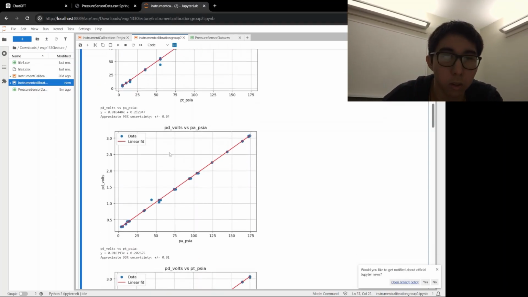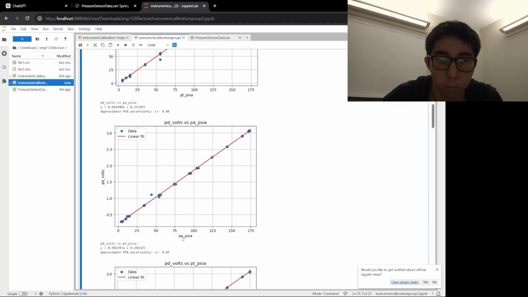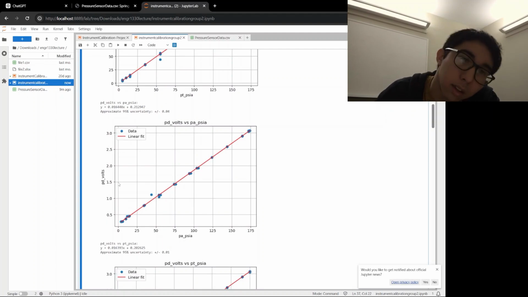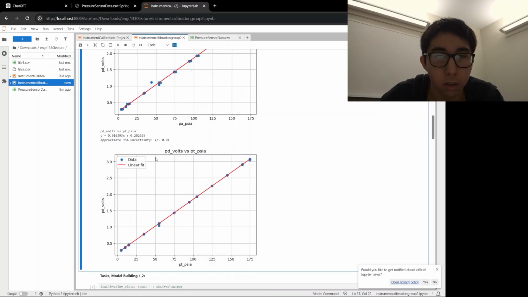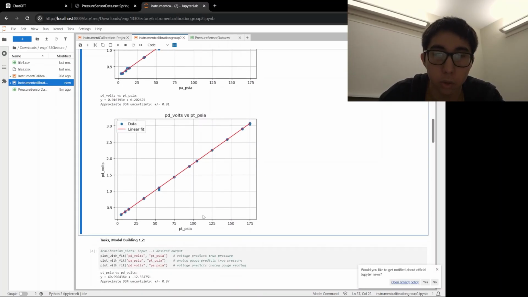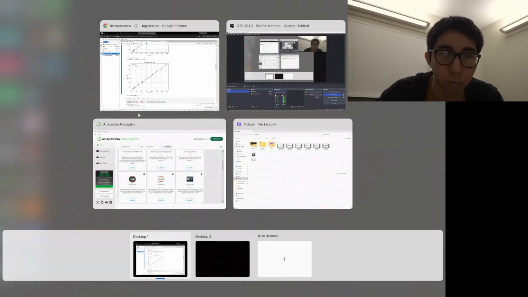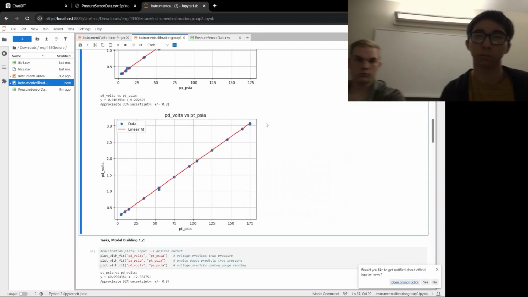And then below this, you have the analog and the voltage relationship, with their formula and the uncertainty level. And then we also got the true pressure and the voltage relationship.